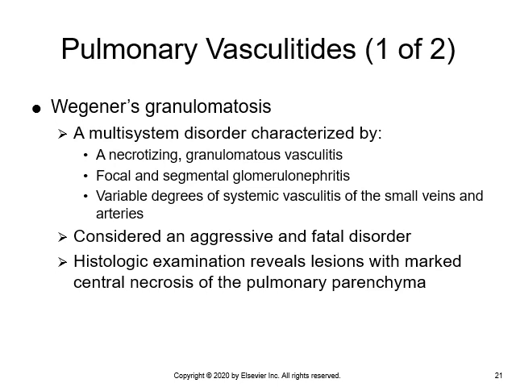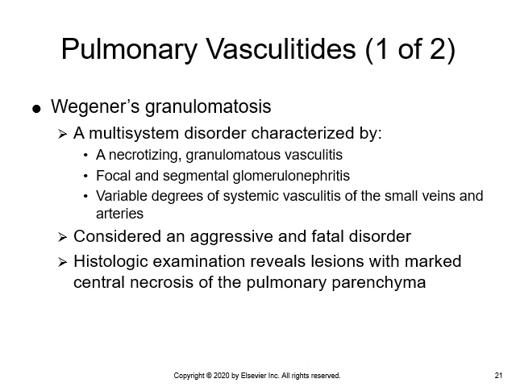The pulmonary vasculitides consist of a heterogeneous group of pulmonary disorders characterized by inflammation and destruction of the pulmonary vessels. The major disorders in this category include Wegener's granulomatosis, Churg-Strauss syndrome, and lymphomatoid granulomatosis.